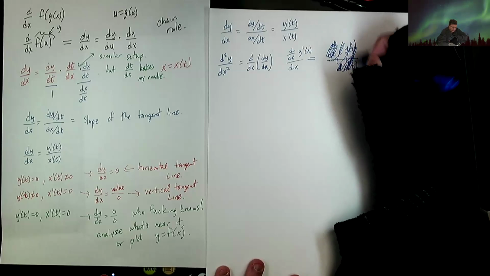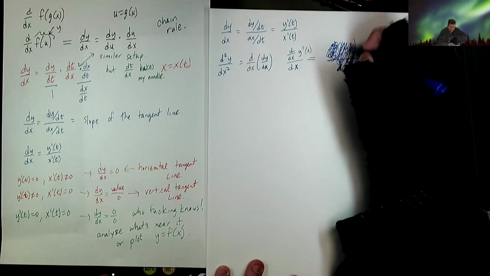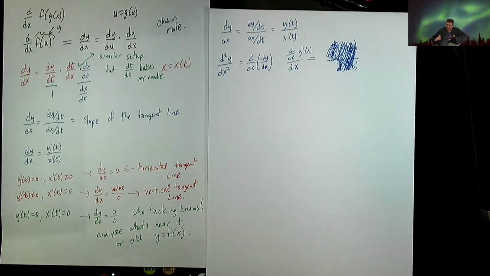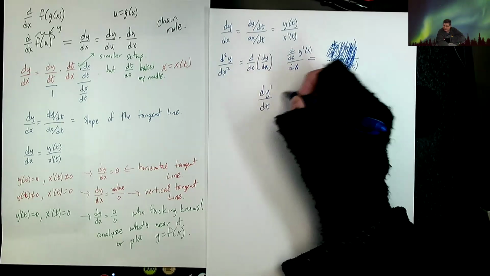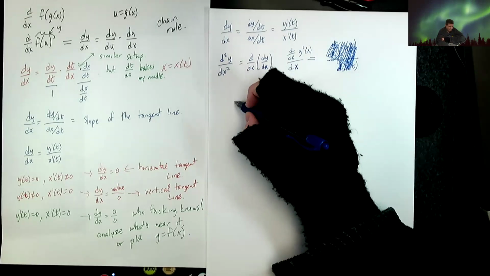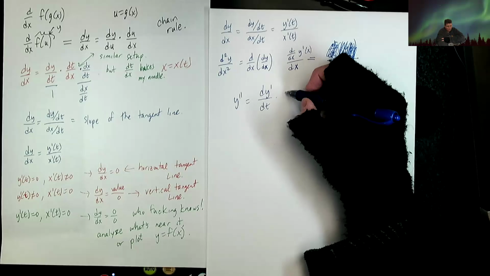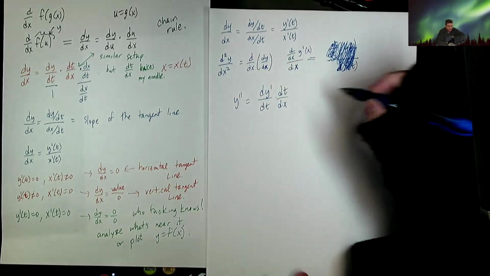I want to stick with this one up here. Let me see a better way of saying this. This is dy prime/dt. So y double prime is dy prime of t/dt times dt/dx. This is the way we set it up previously.